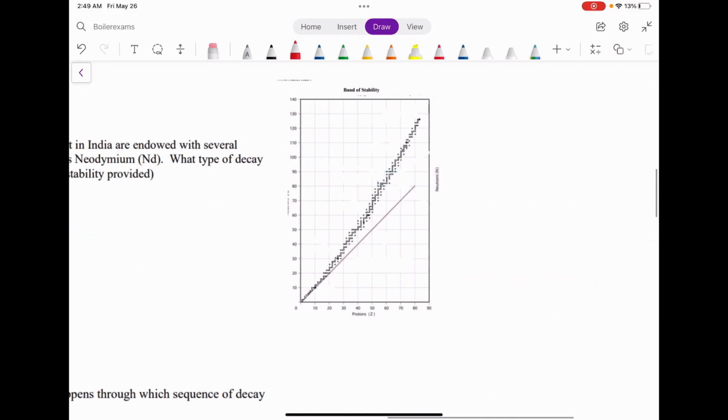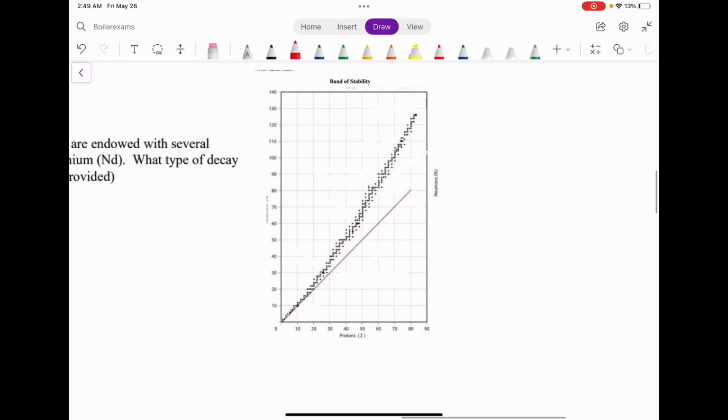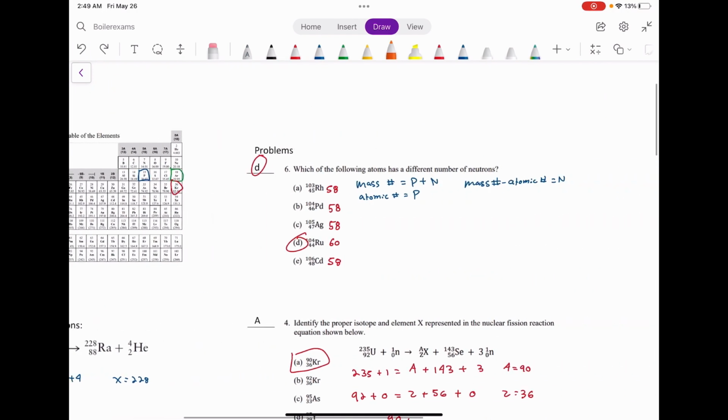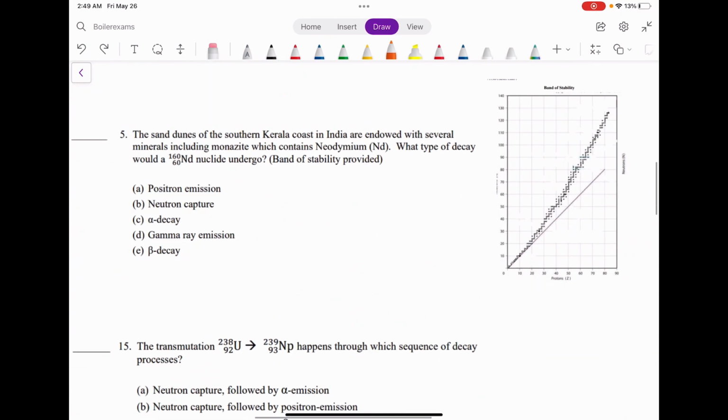Also included in this problem is the band of stability. Here's what the actual plot looks like. This is the one-to-one line I was talking about that's predicted, and then how it actually curves up over time as the heavier elements up here require more neutrons to stabilize their protons.